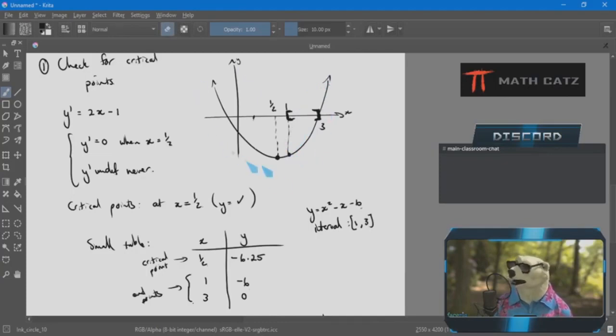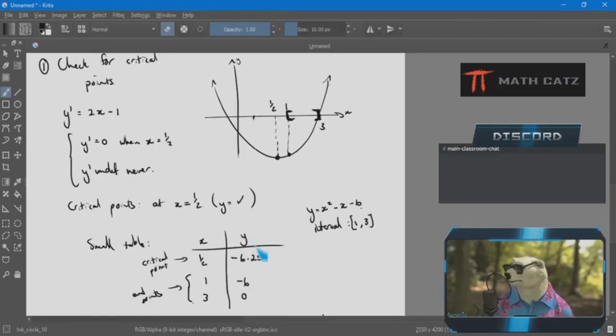When I look at the whole graph, for this parabola, there is a minimum at 1/2, right? It's the lowest point. I get to negative 6.25. But on the interval, that's not allowed, because x can't be 1/2 on this interval. I have to, unfortunately, say that doesn't apply.